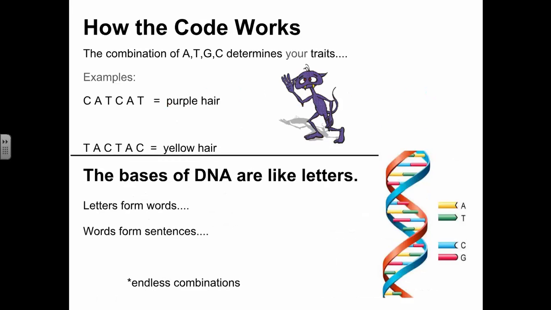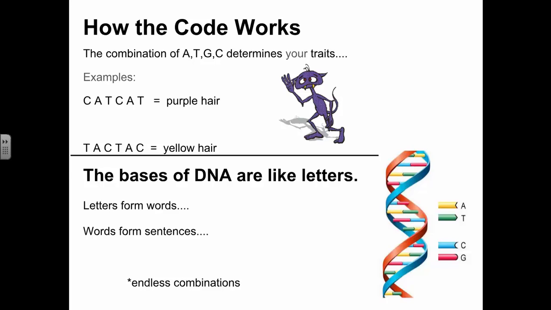So the way that these genes work, a different set of letters is a gene for a certain protein. So if a cat had CAT as its letters, maybe that is the code for purple hair. If it had a different set of letters, TAC, that would be a gene for yellow hair, and so forth.